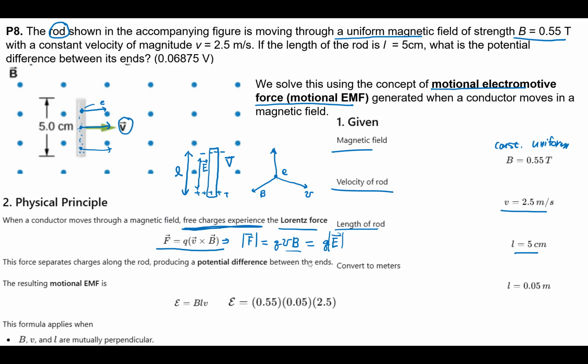So what I mean here is that by the Lorentz force, you build up the separation of charge, and then you have an electric field built in, okay? And then the electromotive force is actually E times L, which is your voltage.